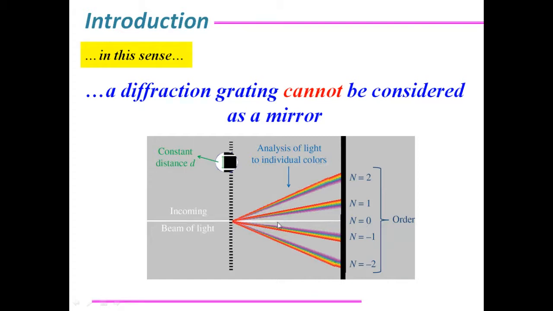At n=0 we have no light dispersion, but as n, the diffraction order, increases, we have separation. This is in transmission, but we also have reflection. These orders are also reflective: we have n=0, n=1, n=2, and so on. But it cannot be properly considered a mirror, despite some light being reflected.